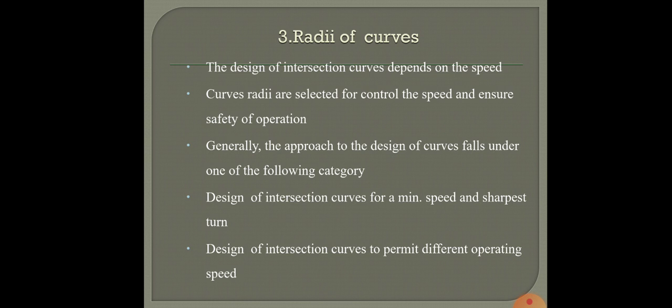Normally the approach to the design of curves falls under one of the following categories: the design of intersection curves for a minimum speed and sharpest turn, and the design of curves to permit different operating speeds. So these are the two categories where the approach of the design of curves will fall. That is also to be considered.